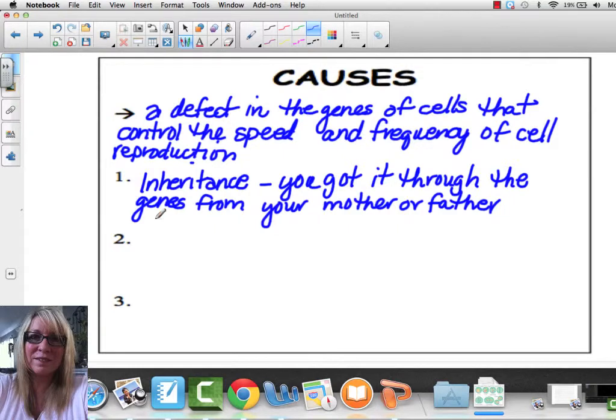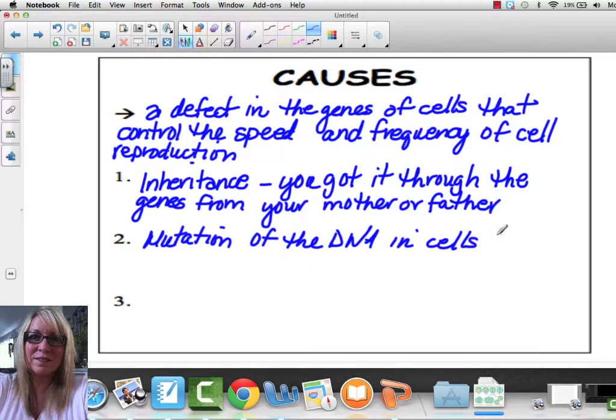You also could have got it through a mutation of the DNA in cells due to radiation, meaning UV, ultraviolet, or other type.